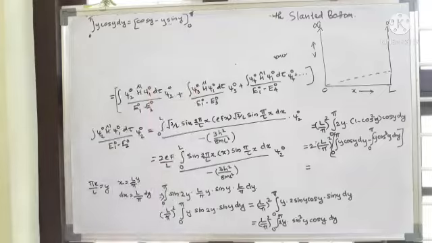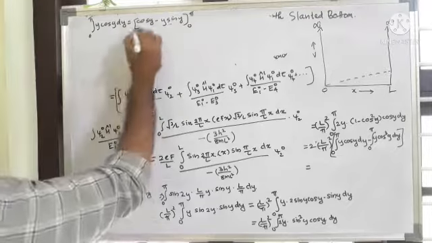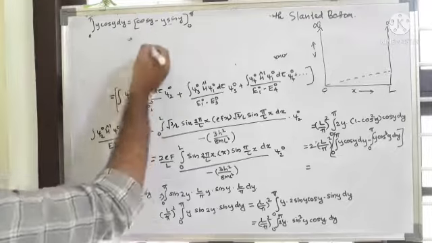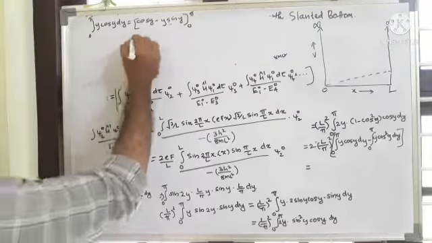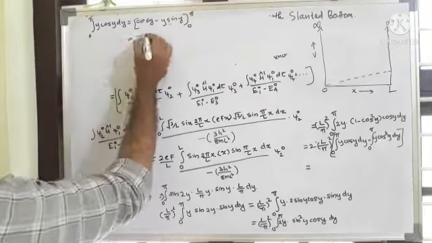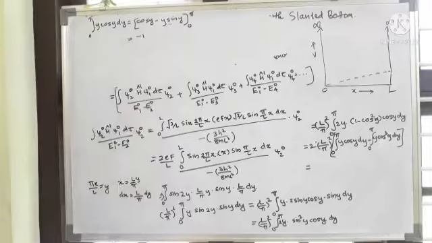Applying the limit: in place of y, first we put the upper limit, cos pi. Cos pi is minus 1, and y sin pi, sin pi is 0.